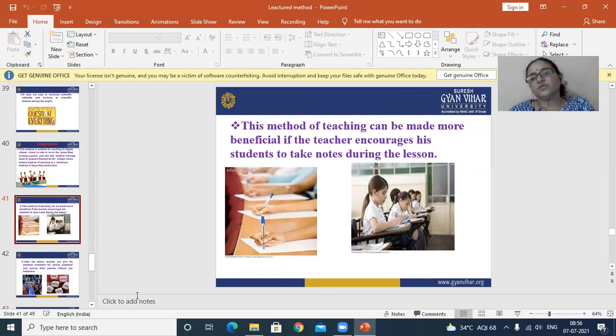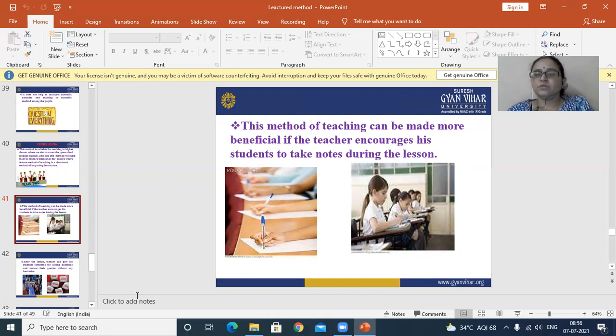This method of teaching can be made more beneficial if the teacher encourages his students to take notes during the lesson.